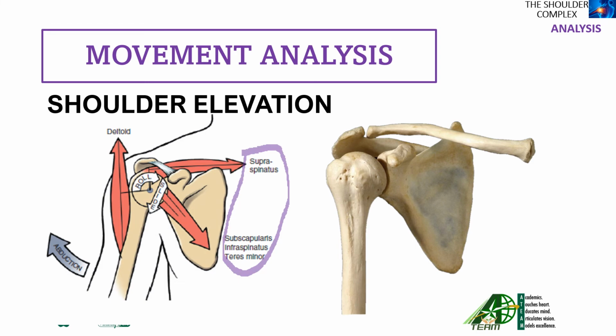Let's first discuss your supraspinatus. So aside from abducting the glenohumeral joint together with the deltoid, your supraspinatus muscle also functions to superiorly roll the humeral head during abduction. Okay, please remember that.